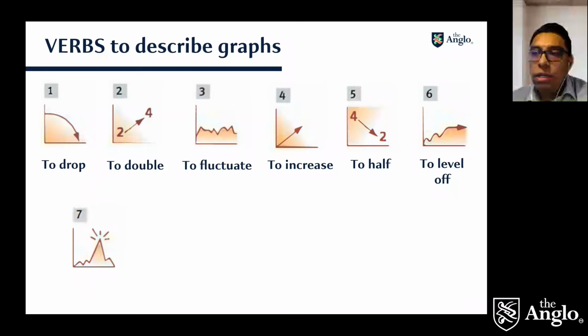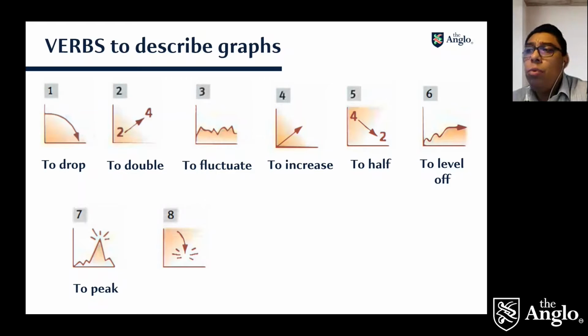Then we have this one, which is to peak, which is basically to reach a maximum point in a year or in a month, in a quarter, etc. So this is the highest moment, let's say, that something has, in this case, sales or complaints, depending on what you're showing in the graph. This is the highest point.